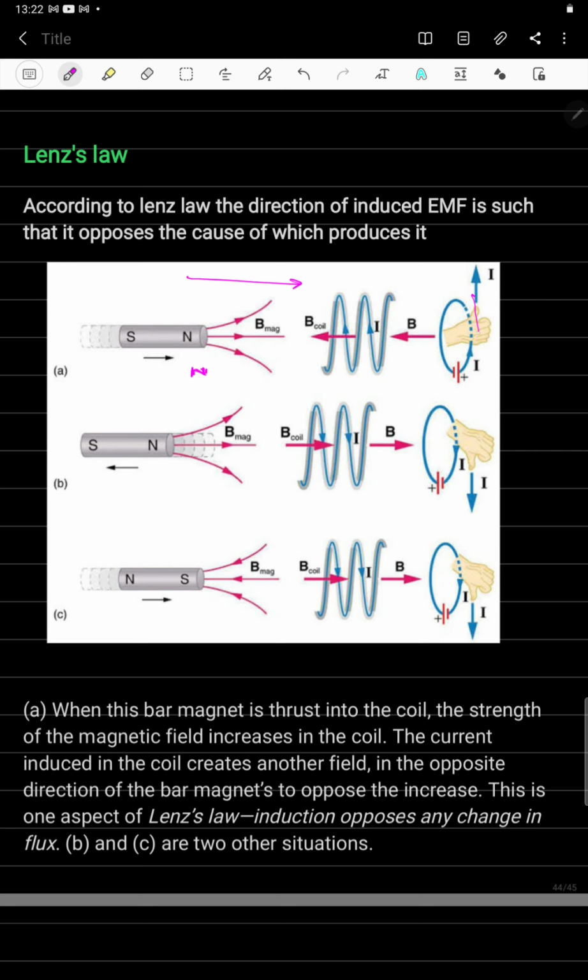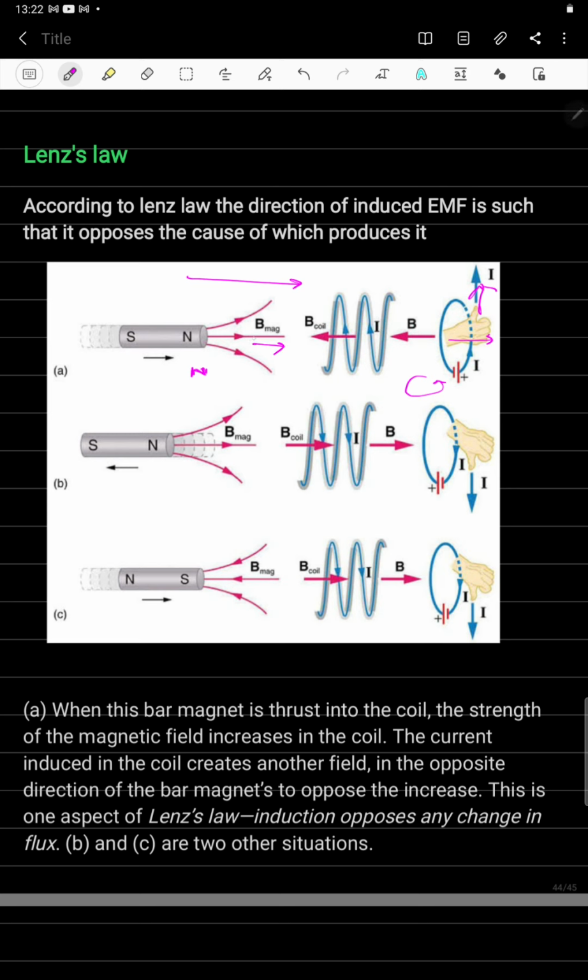From the right hand screw rule also, if you give the direction of the screw, then you can see what happens when tightening the screw. The direction of the current is above and the magnetic field is in a horizontal direction. So the induced current produces a magnetic field which opposes the magnetic field of the bar magnet.